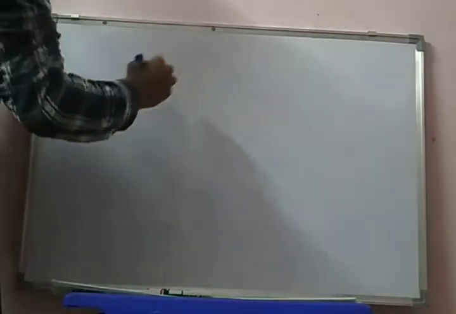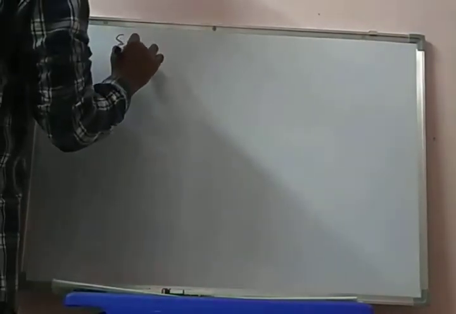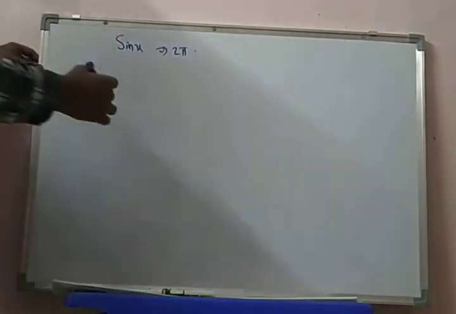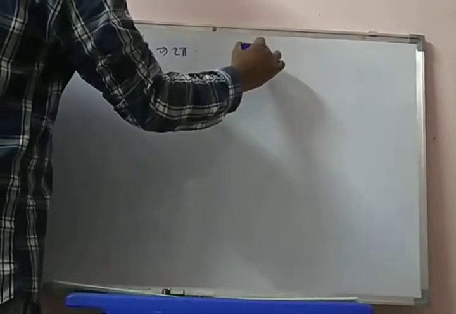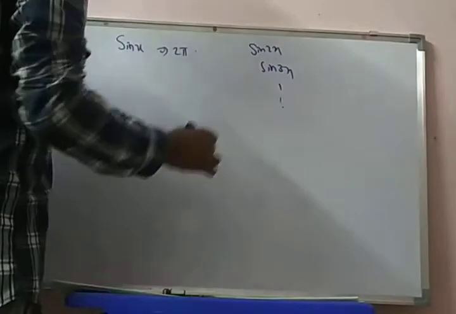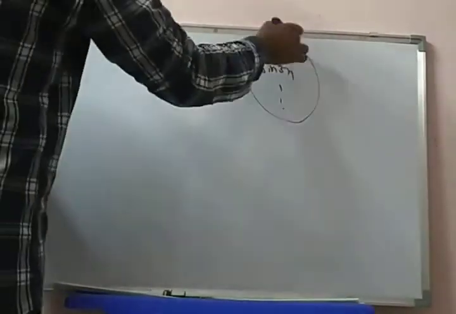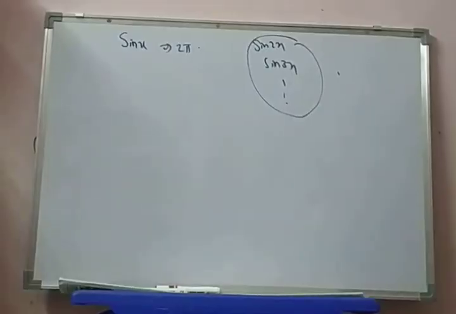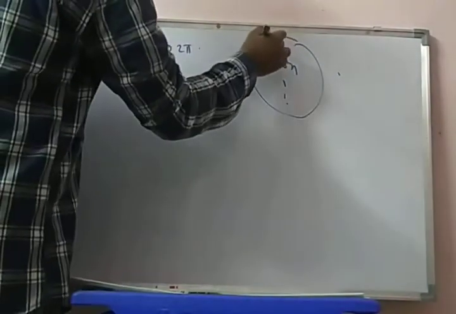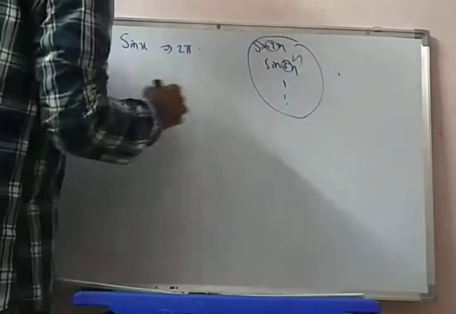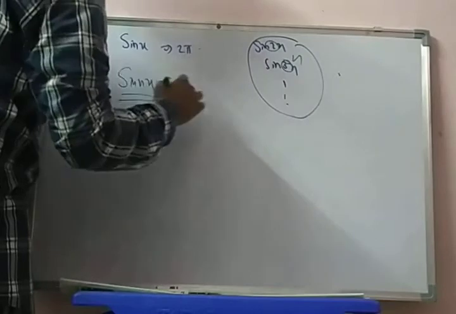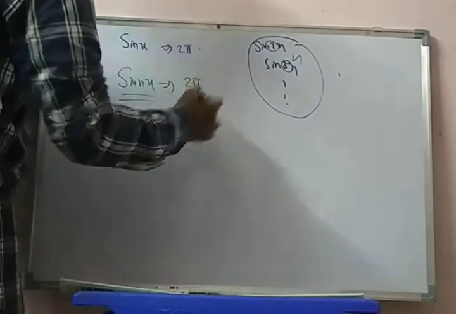We discussed that the period of sin x is 2 pi. But what about terms like sin 2x, sin 3x? How do we find the period of these terms? Let us discuss. For sin nx, the period is 2 pi by n.